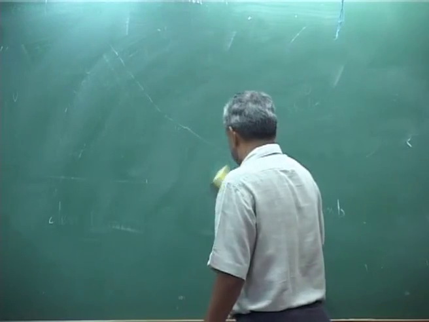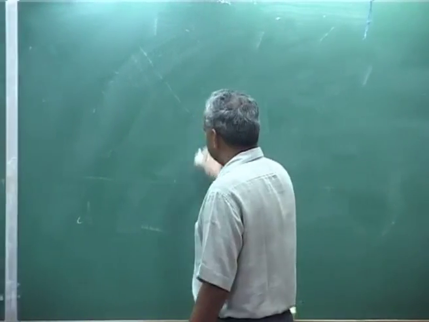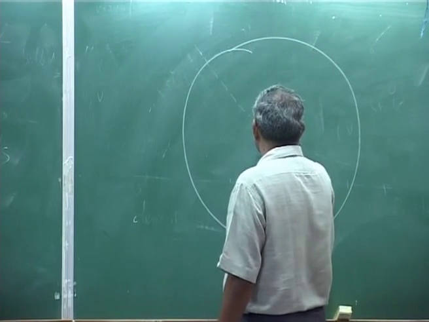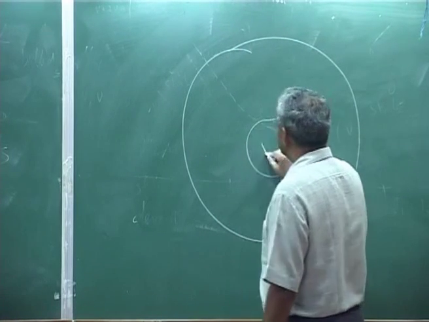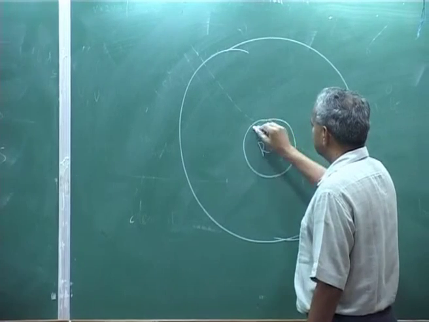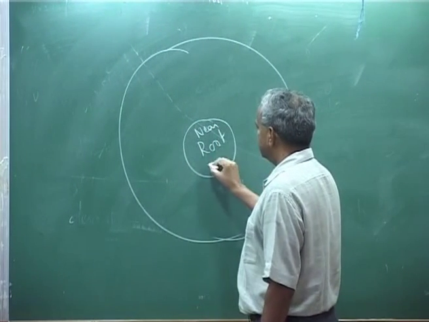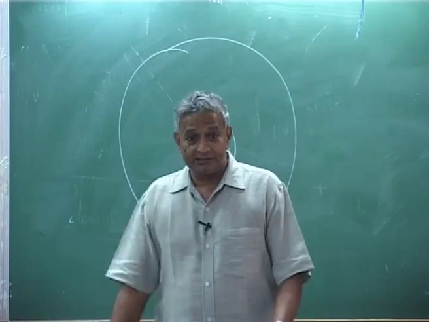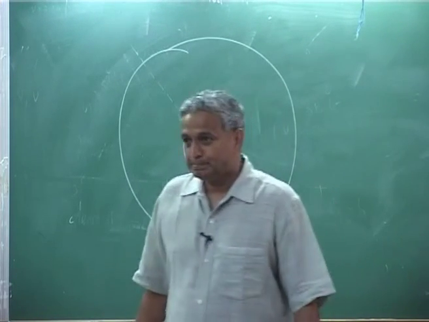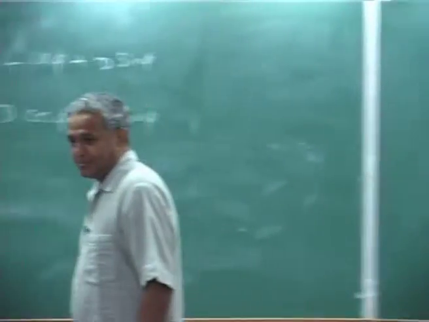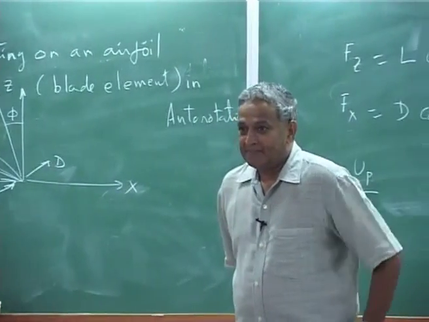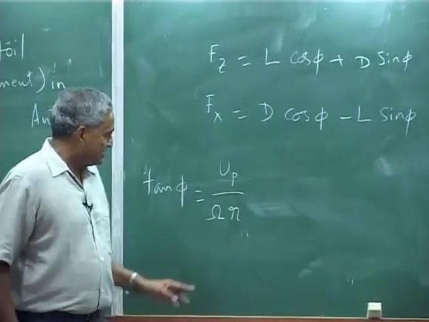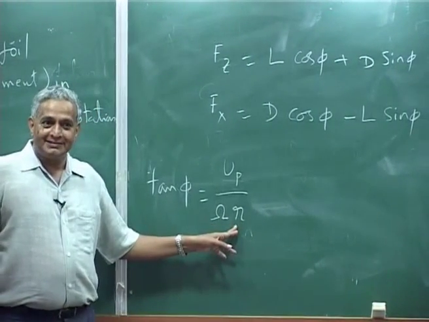So, now let us draw the diagram. This is root, near root, it will stall, that is all, because the angle of attack is large. Now, as you keep increasing your omega r, what happens?